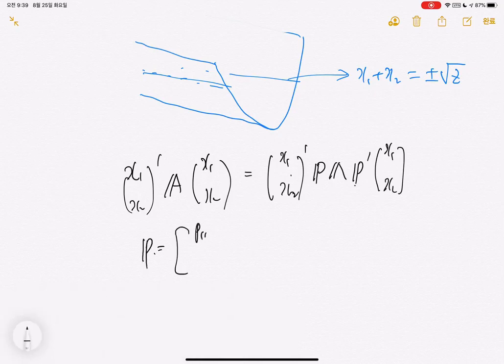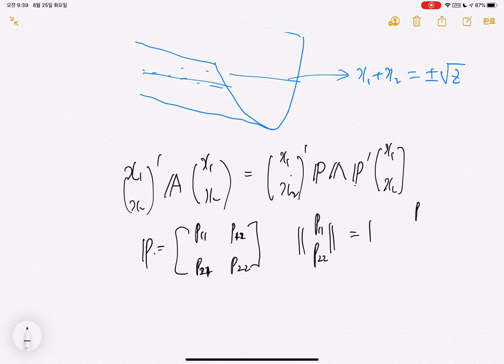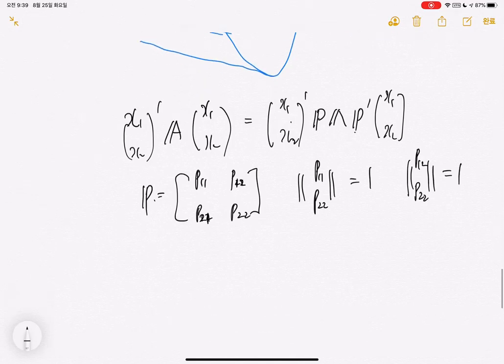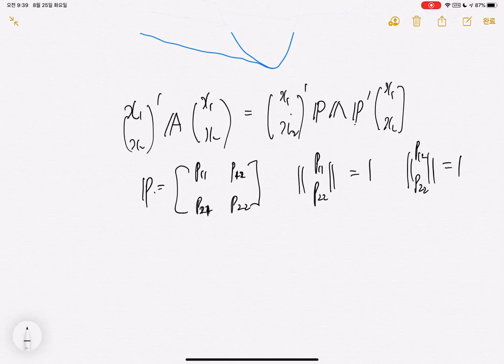So let's say your P is P11, P12, P21, P22. Then what we know is P11, P21, the norm is 1, and P12, P22, the norm is 1, and when A is positive definite, positive semi-definite as well, actually, P is orthonormal.